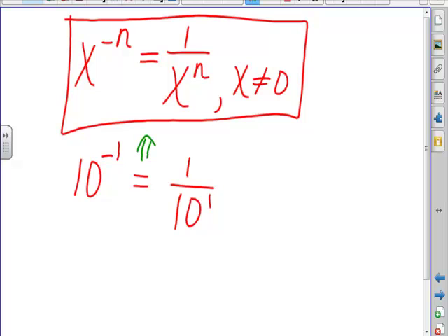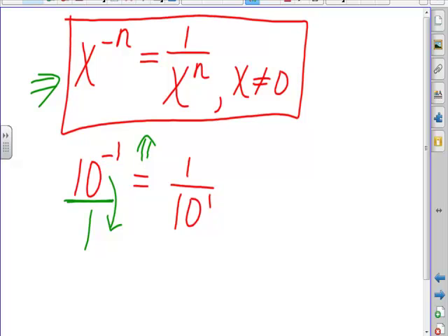Now, something I will often say is if you have a negative exponent and you want it to stop being negative, then just ship it with its base to the other side of the line. So if I have 10 to the negative 1 over 1, anything really is over 1, and I want to make that a positive exponent, just ship it downstairs, which is really what this is saying.